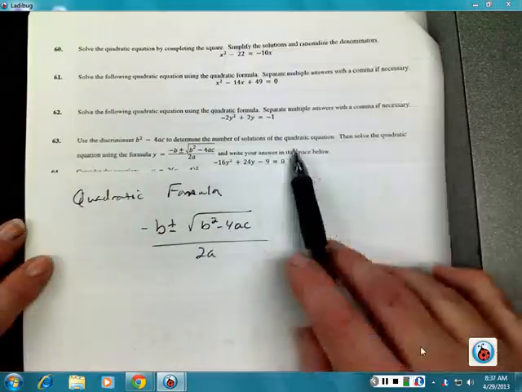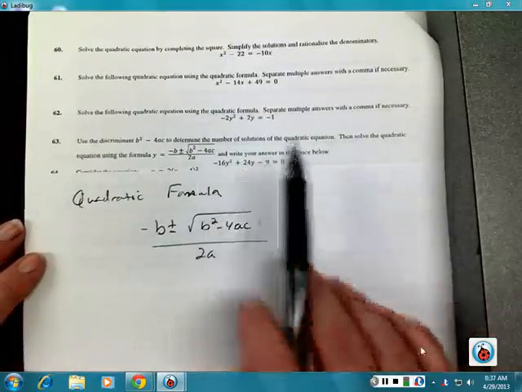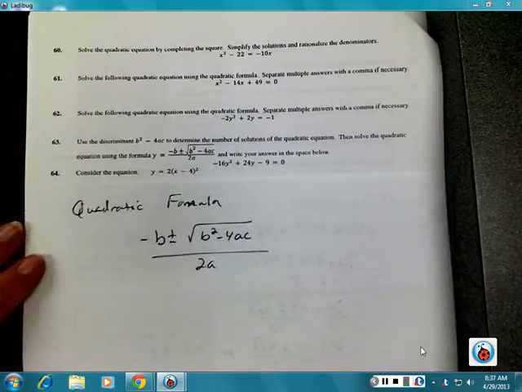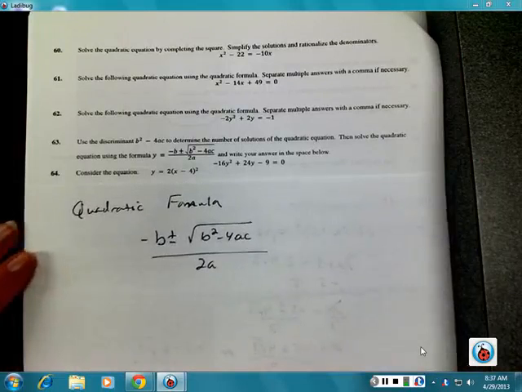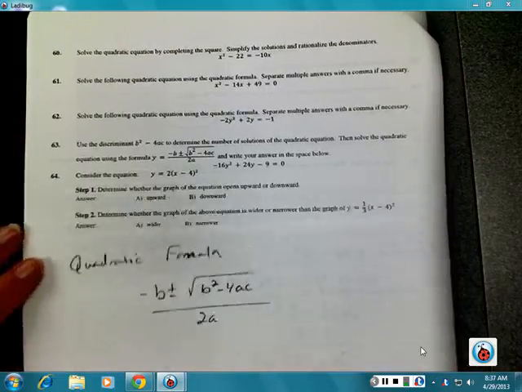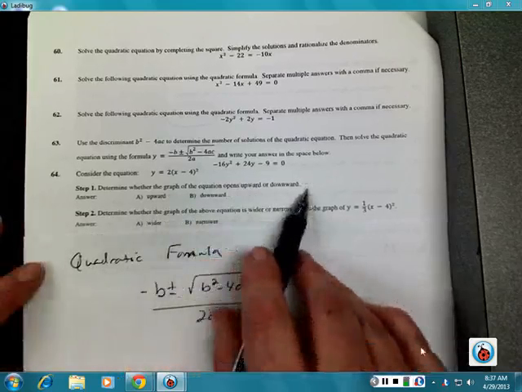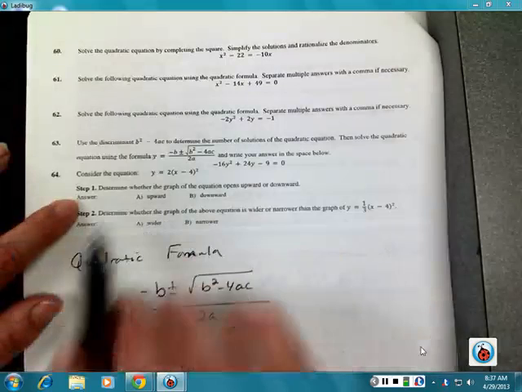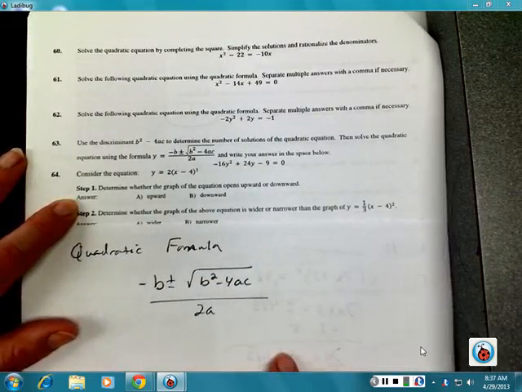Now, consider 64: consider the equation y equals 2 times x minus 4 squared. Determine whether the graph of the equation opens upward or downward. What told us that in 64? What would tell us if the graph's opening upward or downward?